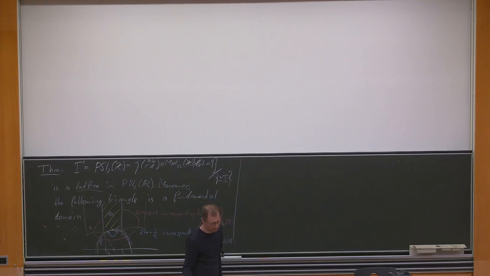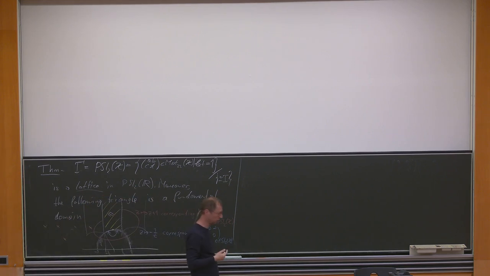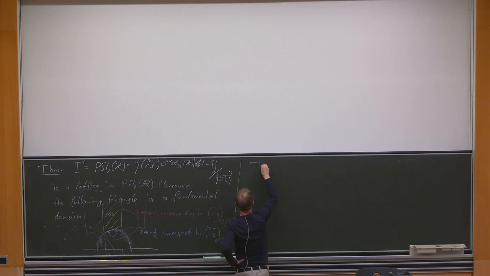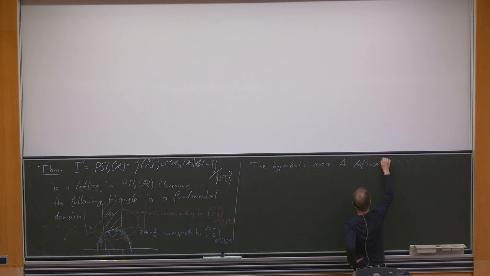So let's talk about the lattice part here. To talk about this lattice part, I need to talk about the hyperbolic area and then about the Haar measure on SL2R or PSL2R. So the hyperbolic area A is defined by the volume form.